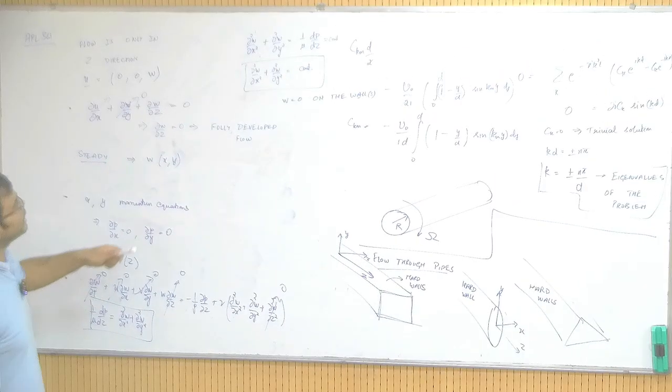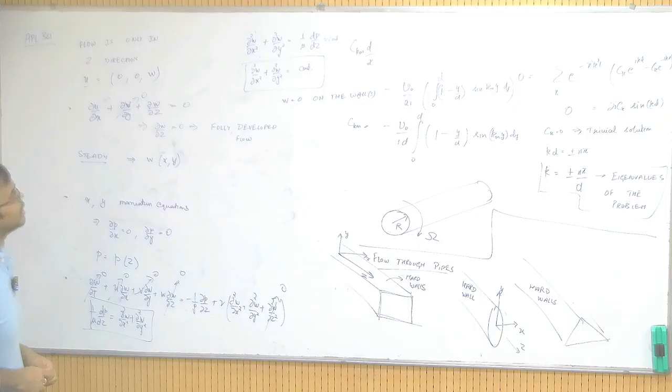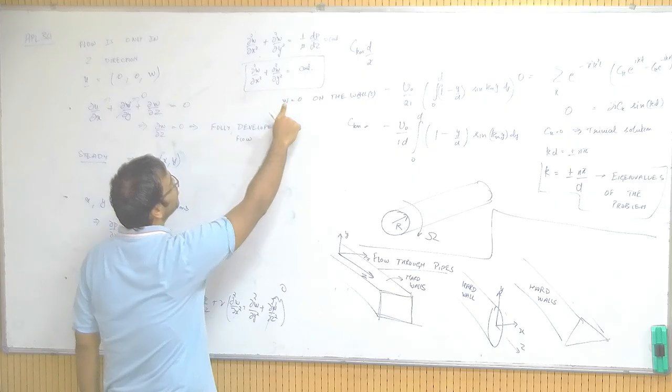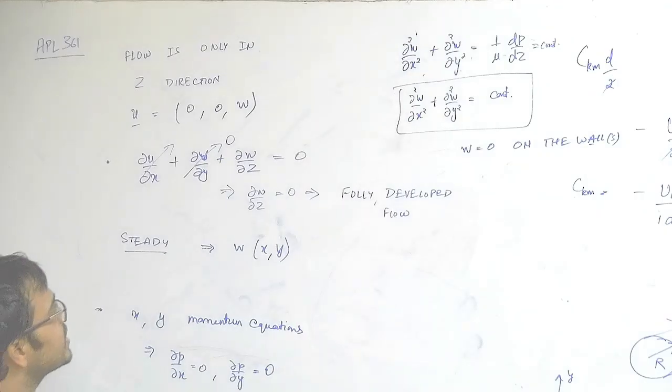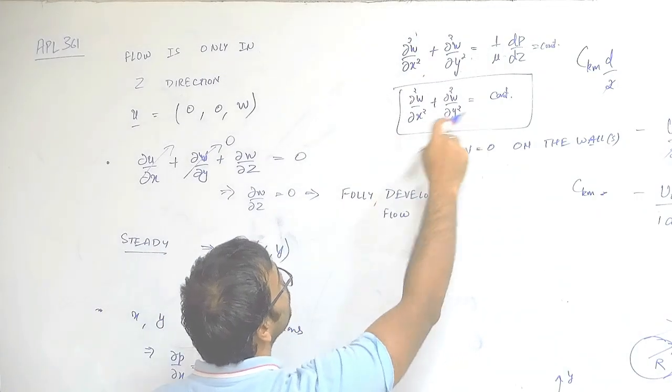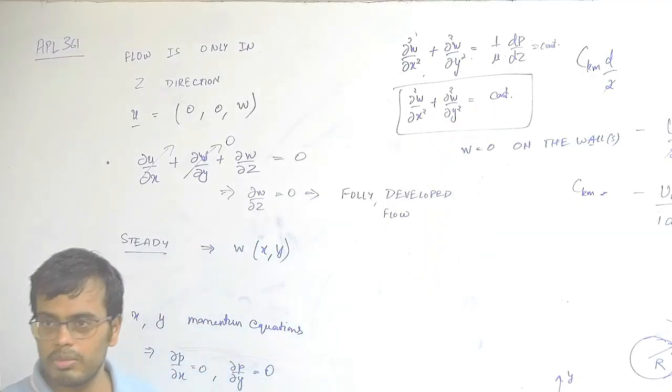So there is a very interesting way of solving this equation, and that is I don't need to solve for w, I can make another auxiliary function which satisfies a simpler equation than this. What would be the simpler equation, if this was equal to not an arbitrary constant but 0?